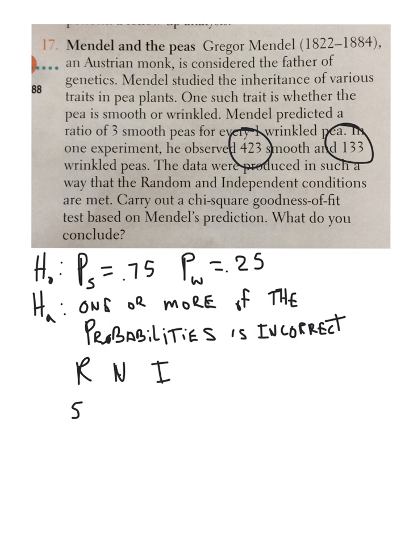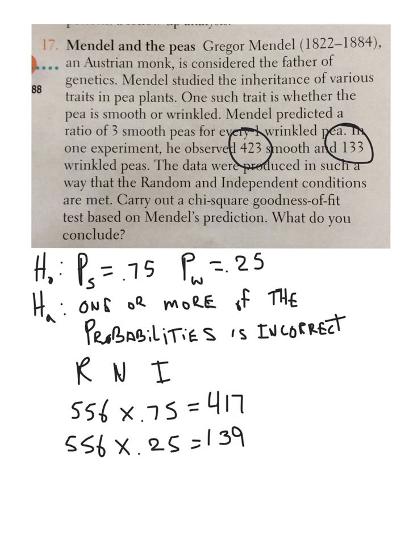So I'll multiply 556 by 0.75, and also by 0.25, and see what we get. So this is what we should see in this situation: 417 versus 139. Now we got 423 and 133, so those are pretty close.